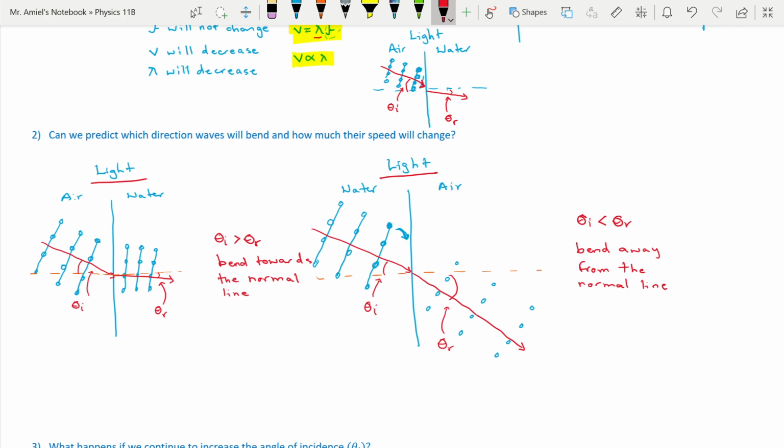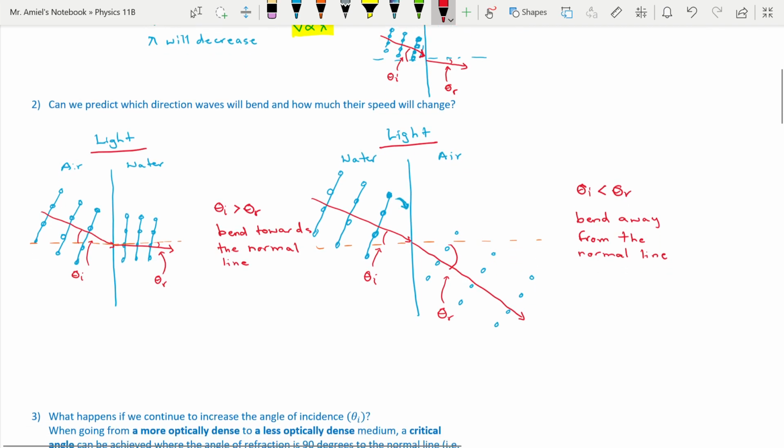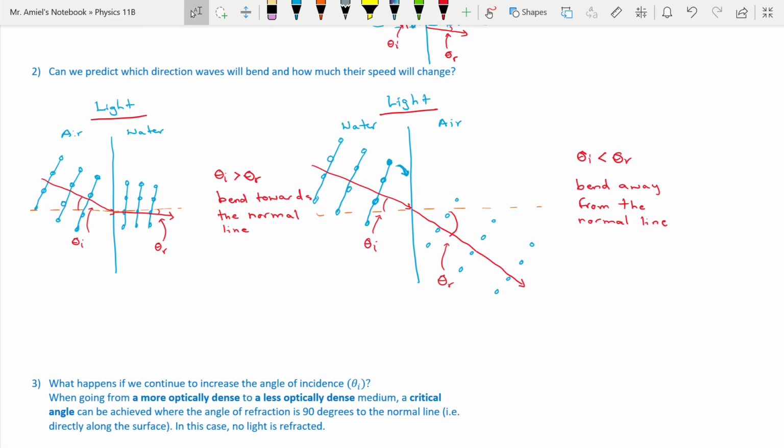When you are going from a more dense medium to a less dense medium, you are going to have an angle of incidence that is less than your angle of refraction, and you're going to bend away from the normal line. Okay, and we can see some relationships now when we're talking about bending away from the normal line.